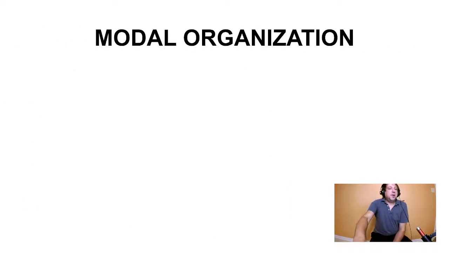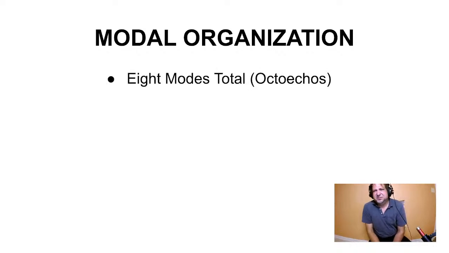So now let's talk about the modes and how they're organized. The modes are eight in number, and they follow something called the octoechos, which is an organization of all the hymns into eight nice little compartmentalized entities.